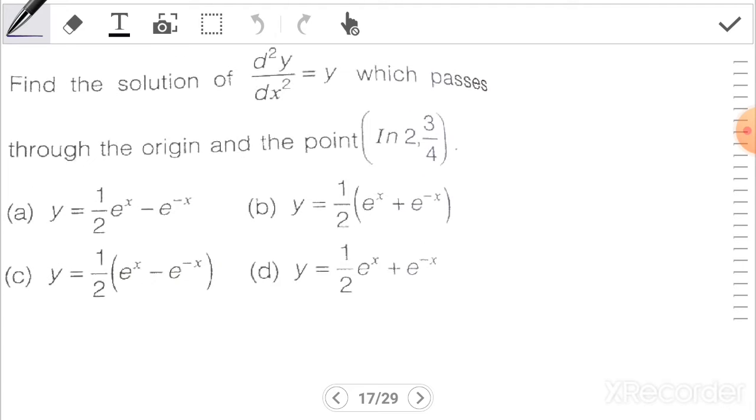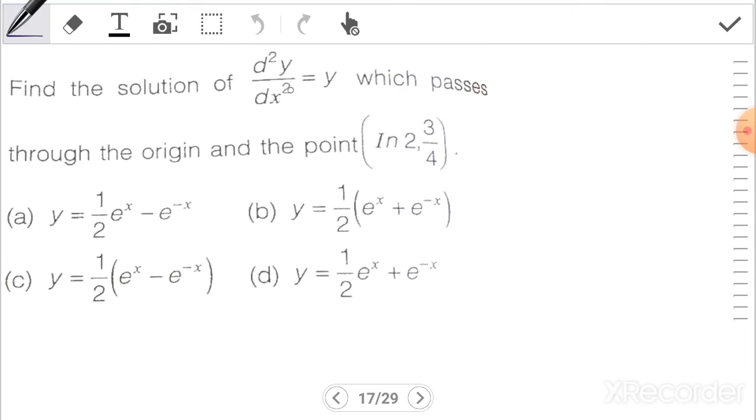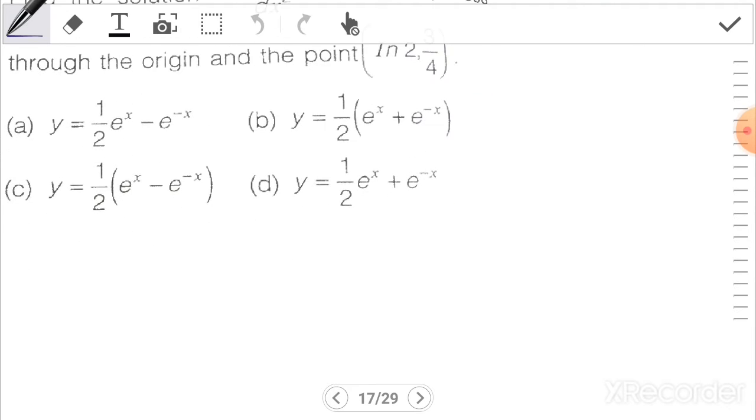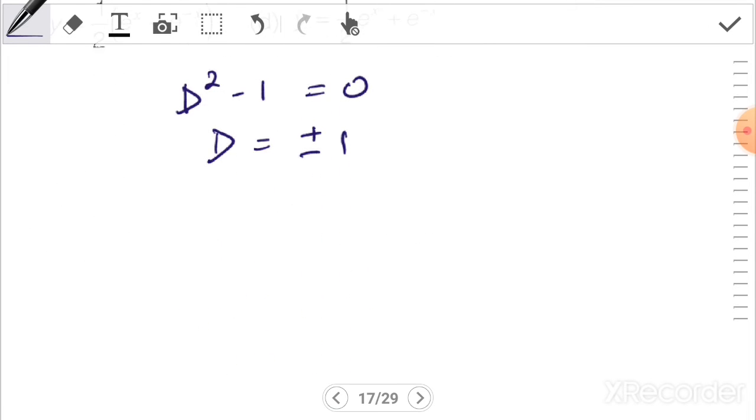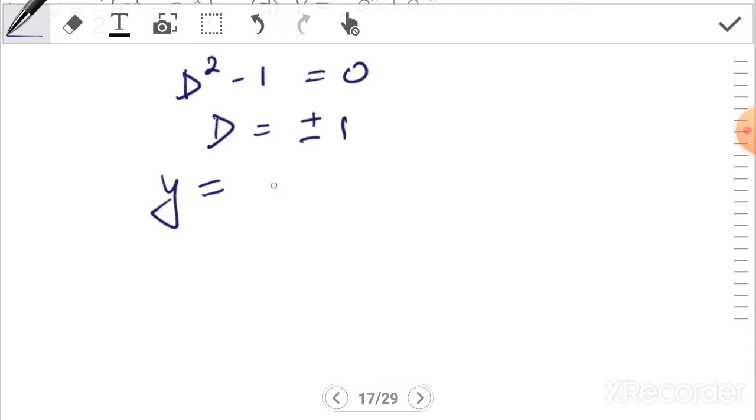So d square y by dx square is equal to y. That means we have auxiliary equation as d square minus 1 is equal to 0. So d is equal to plus or minus 1. So y, the complementary solution, is equal to c1 e power x plus c2 e power minus x.